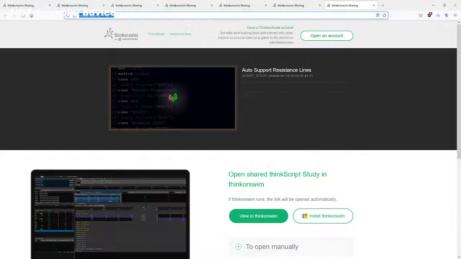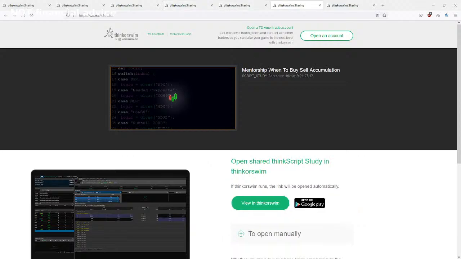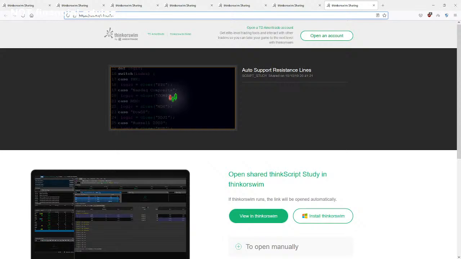There are links in the previous YouTube video I shared, which should now be updated, and from those you can download. There's 6 scripts. One of them is the cyclical smooth RSI, the other one is the super trend script, the intra VWAP, volume buy sells, the buy sell accumulation, and the auto support resistance lines.